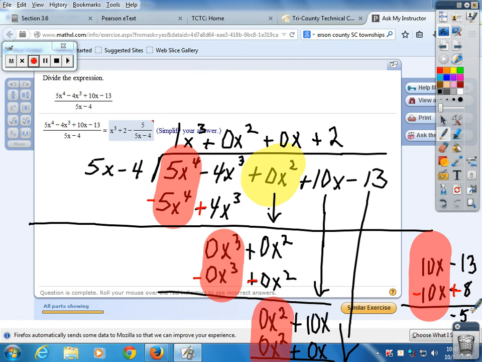So our final answer is 1x to the third plus 0x squared plus 0x plus 2, remainder negative 5 over 5x minus 4.